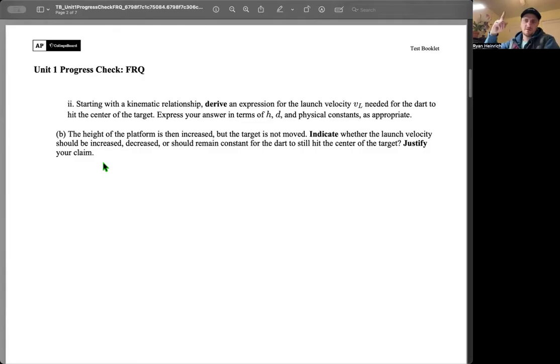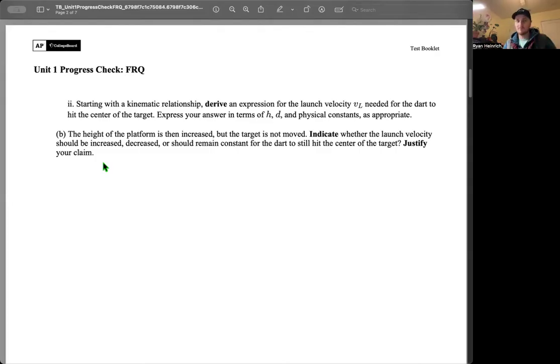If the height is increased, as suggested, then it will have more hang time. If it has more hang time, it would go further at the same velocity. Therefore, the velocity must be reduced in order for the dart to go the same distance d. Did you get all that?